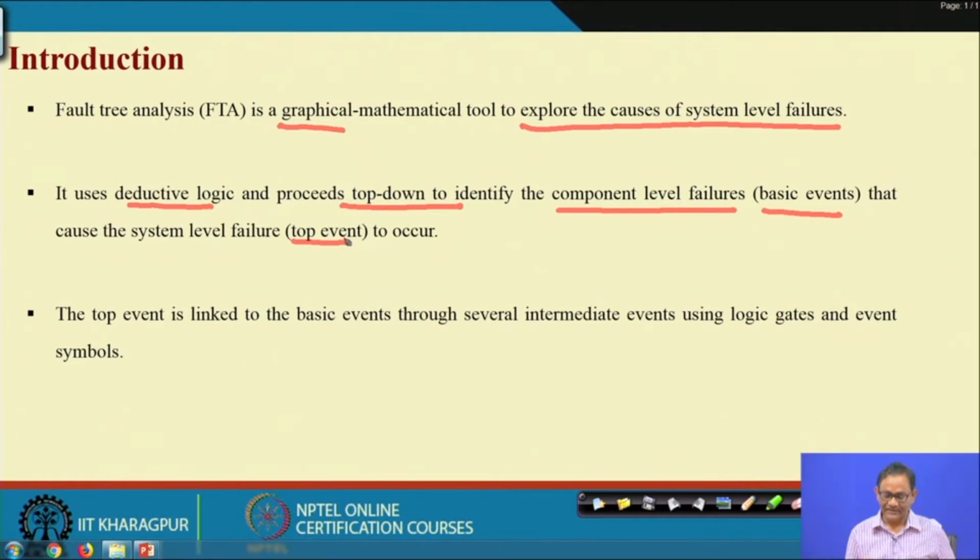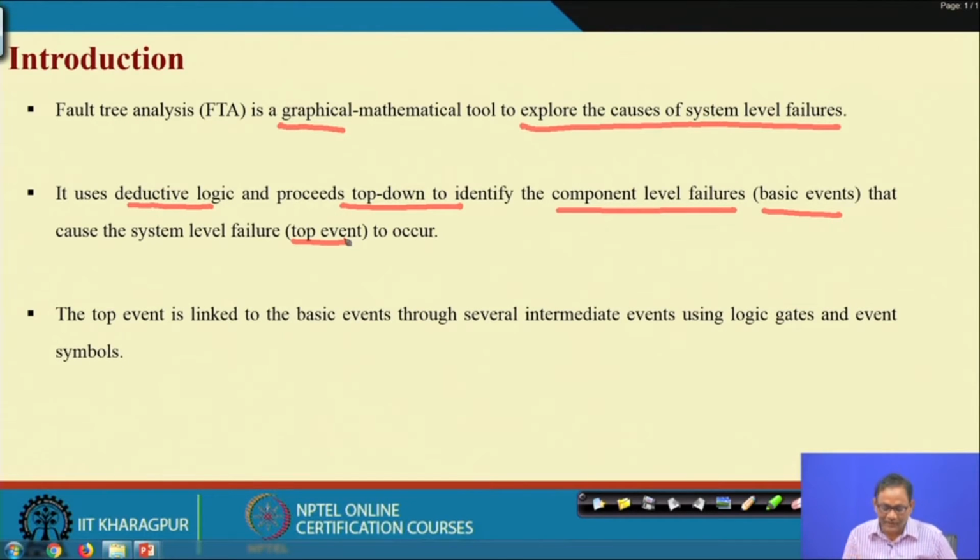Then the question is why tank rupture, and you find that overpressure is the cause. Why overpressure? Pump overrun is the cause. Why pump overrun? The current to that pump is too long. Why is the current to the pump too long? You may find that the timer failed or the operator failed, so many things will come.